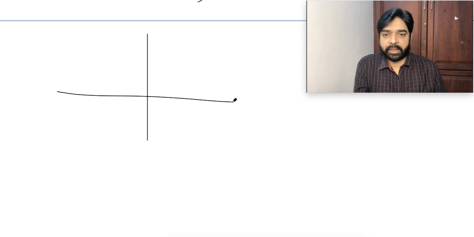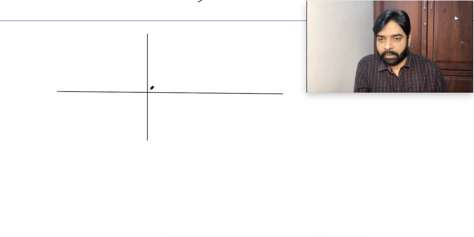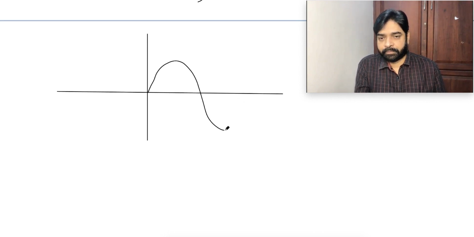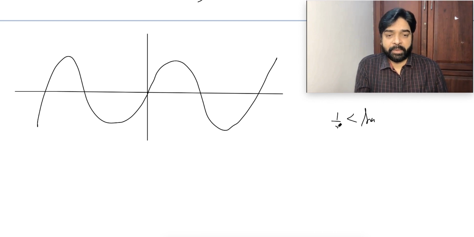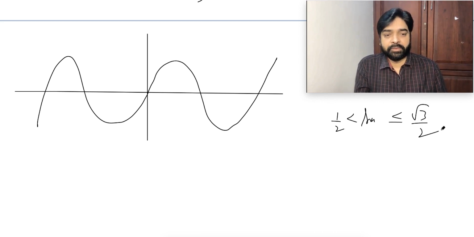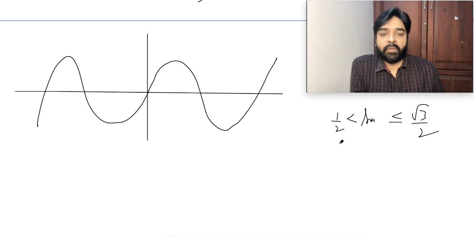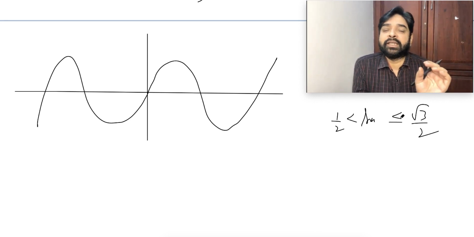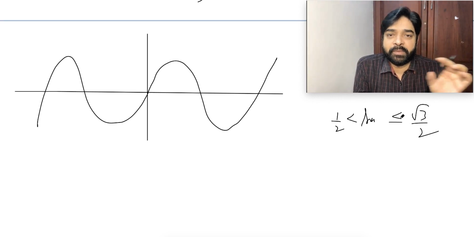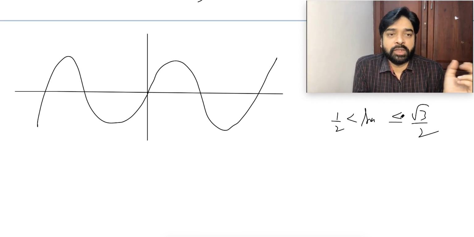This is the sin x graph, something like this. Now both side inequality is there: sin x greater than 1 by 2 but less than or equal to root 3 by 2. So we have to draw the y equal to 1 by 2 graph and the y equal to root 3 by 2 graph, and see where sin x is sandwiched between those two. That portion we will select.